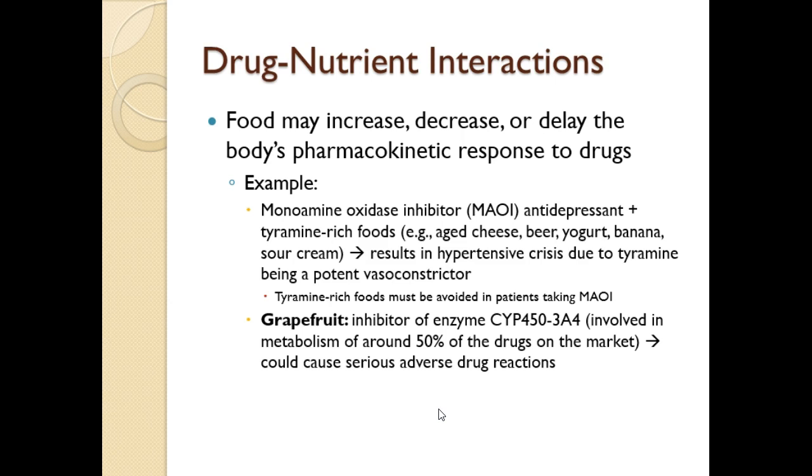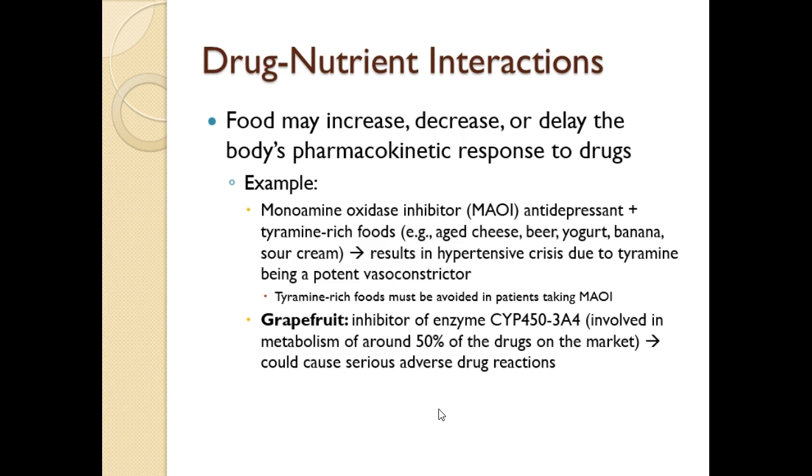So, if your patient eats tyramine-rich foods, which are usually in fermented foods, such as aged cheese, beer because the yeast is fermented, yogurt, banana, sour cream, and the patient is taking an MAOI, it will result in hypertensive crisis.